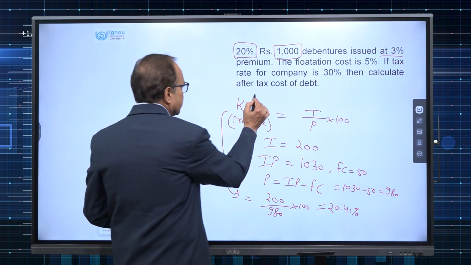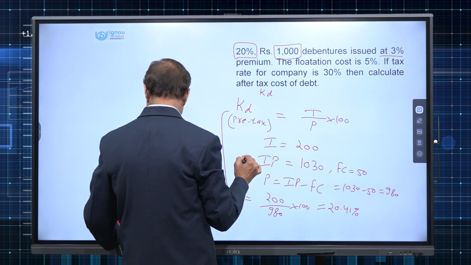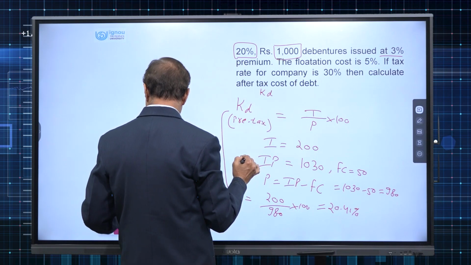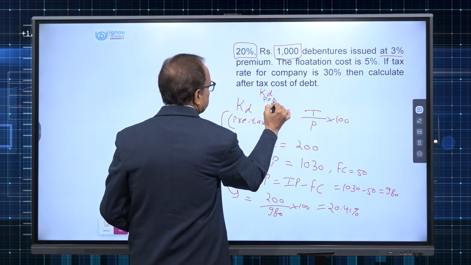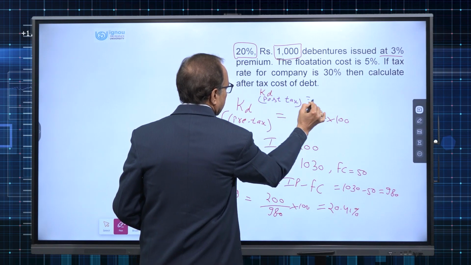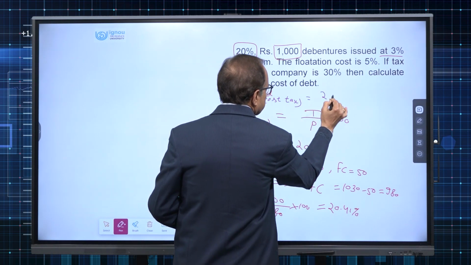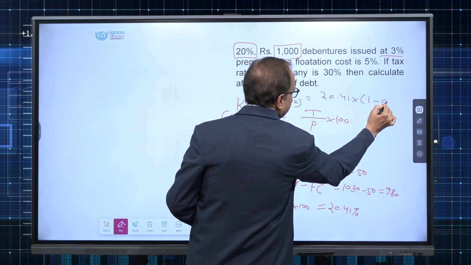KD after tax, KD post tax is equal to KD pre-tax, 20.41, multiplied with 1 minus tax rate.